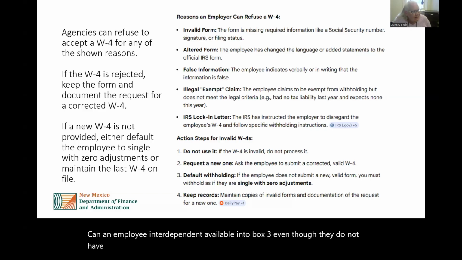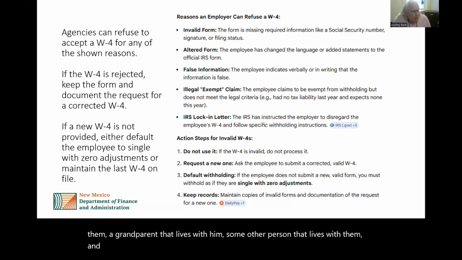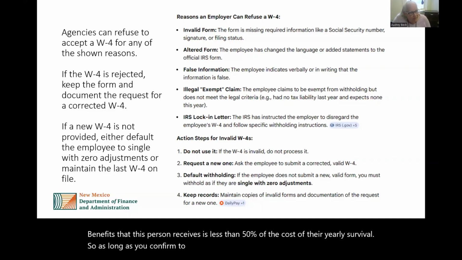Actually, they can if, for instance, they have a parent that lives with them, a grandparent that lives with them, some other person that lives with them, and they provide more than 50% of their annual support, meaning that any earnings this other person has or any benefits that this person receives is less than 50% of the cost of their yearly survival. So as long as you can prove to the IRS that you provide 50% of their support, you can put them in box 3.